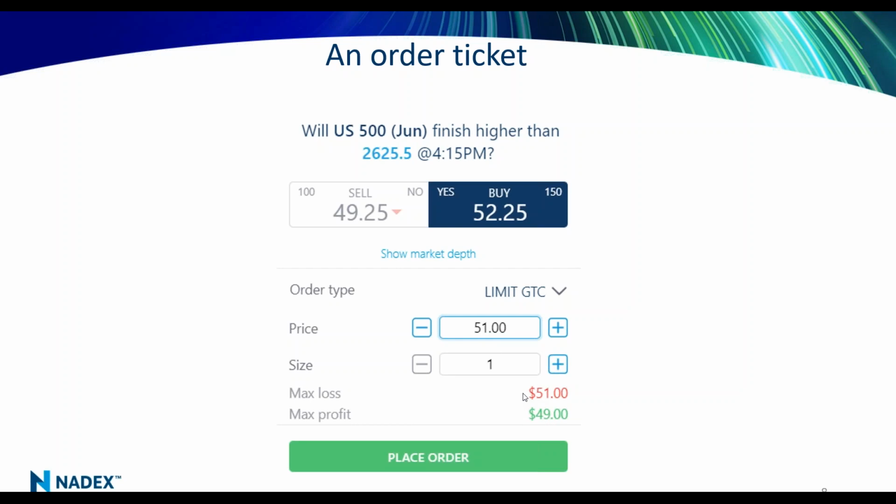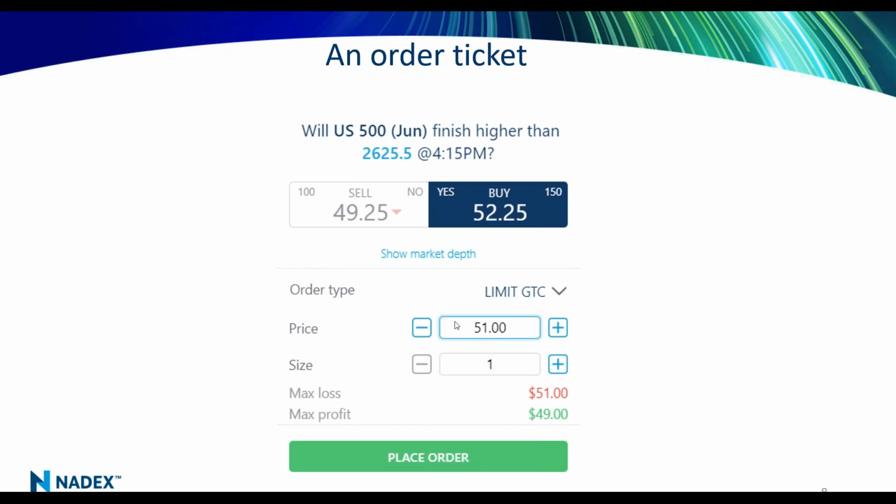Now, what's the most I can make? Since it could only go to 100, the most I can make is 100 minus the 51. The most I can make is $49. So here in this prediction, if I wanted to wait until expiration, and I really thought my prediction was right, I would be risking $51 to potentially make 49. Will it be higher than this price at this point in time?